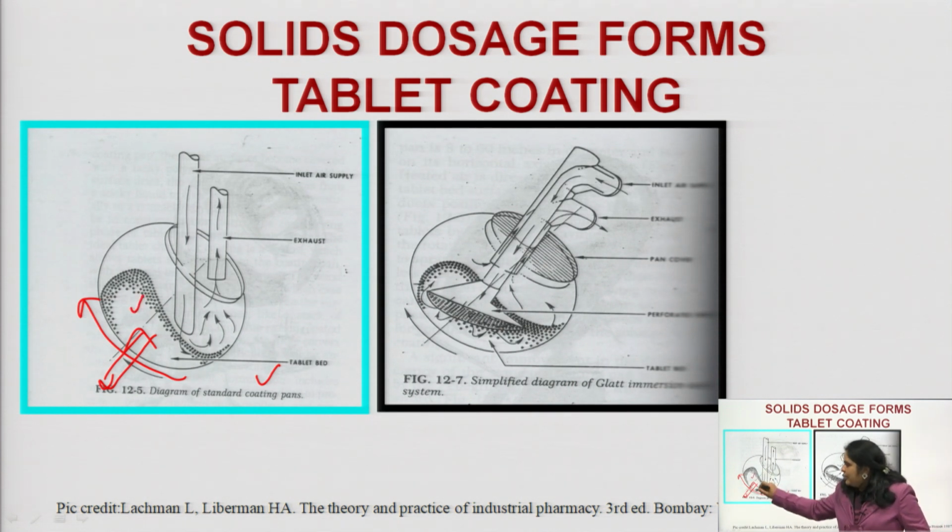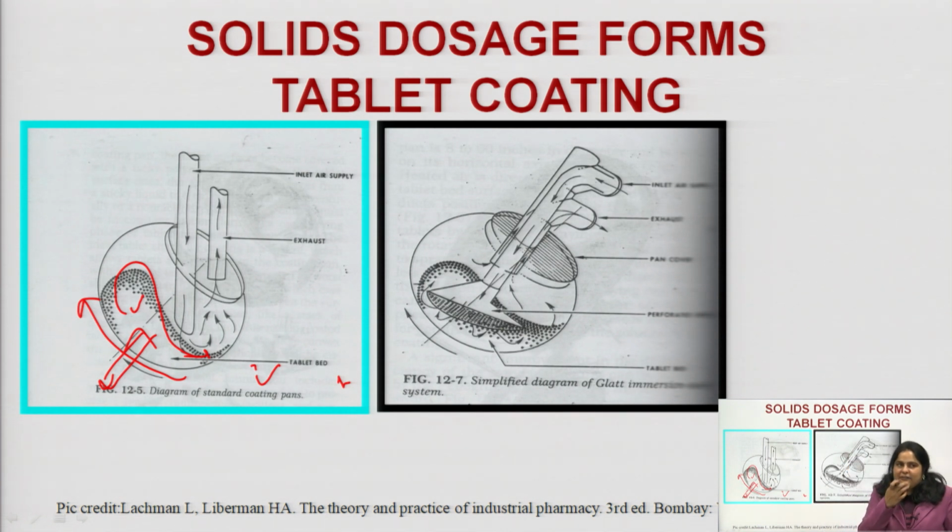This is the tablet bed. Because of these rotations, the tablets are tumbled down from a particular height. When the tablets drop from this height, there are chances of abrasion or chipping. So, the tablets must have sufficient hardness to prevent abrasion and chipping.